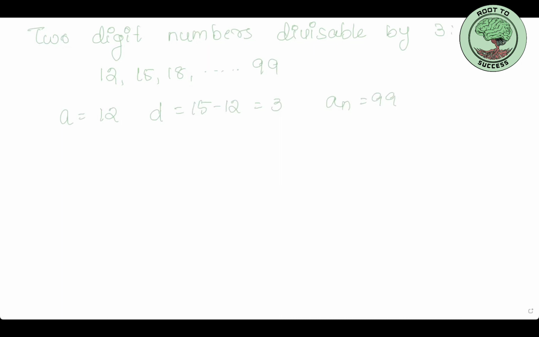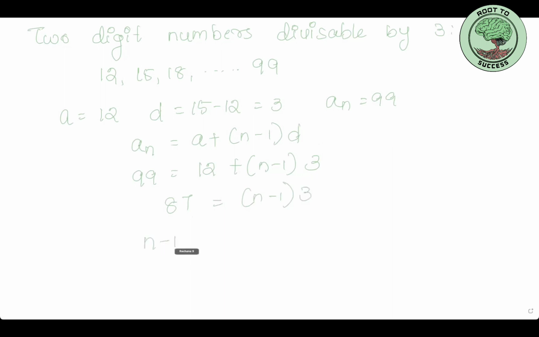Let's put this in the formula, that is AN will be A plus N minus 1 D. AN is 99, A is 12, D will be 3. It will be 87 is equal to N minus 1 into 3.